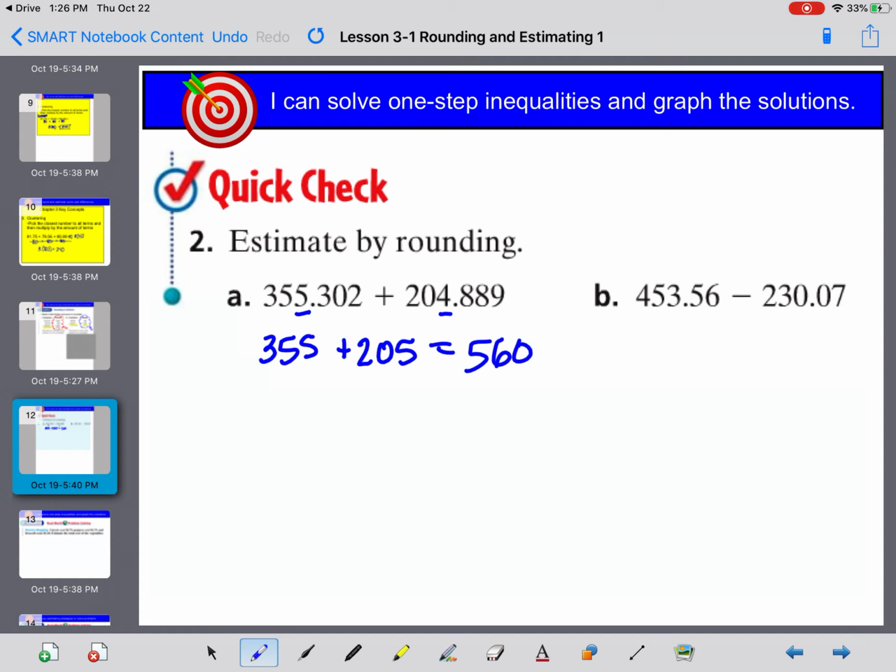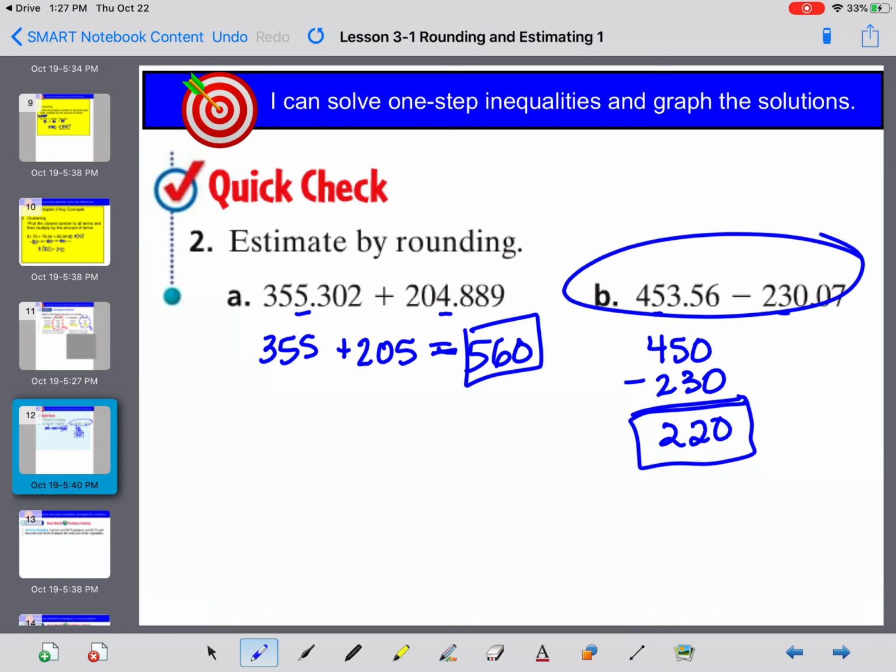So I know when I actually do my math, I should get a number close to 560 if I did it correctly. Letter B. Let's round this one to the nearest tens place. That would be 450 minus 230, and I get 220. So when I actually do this problem up here, if I don't get a number close to 220, I know I need to go revisit it.